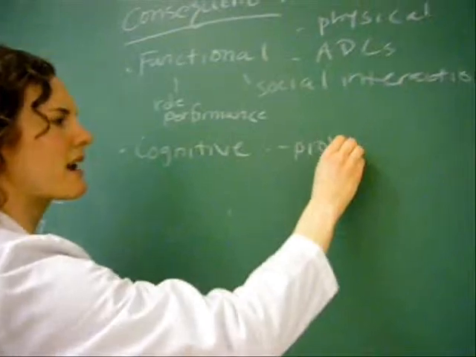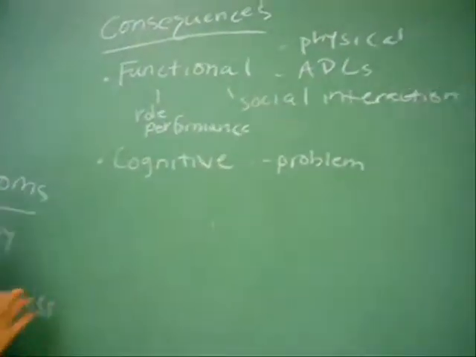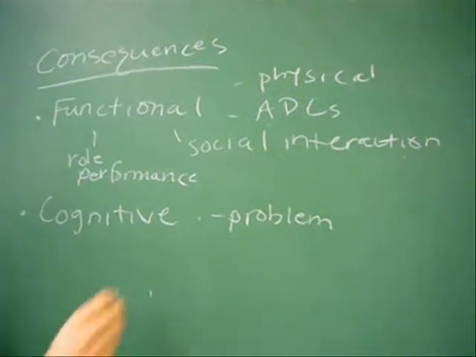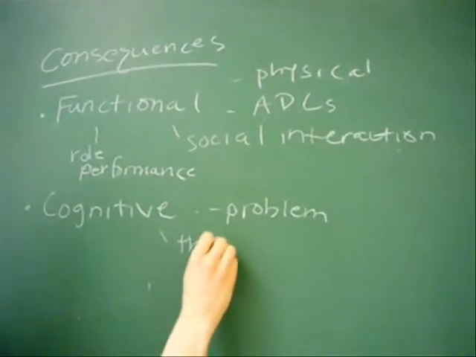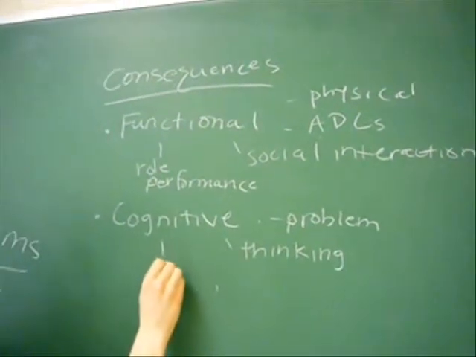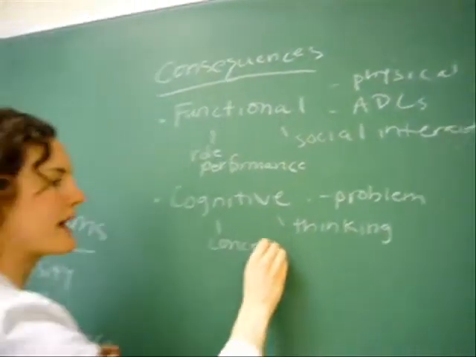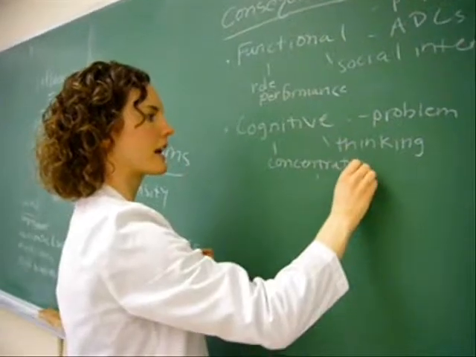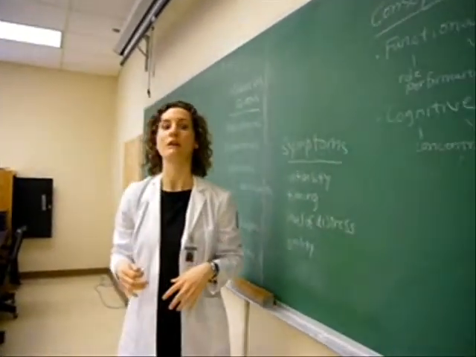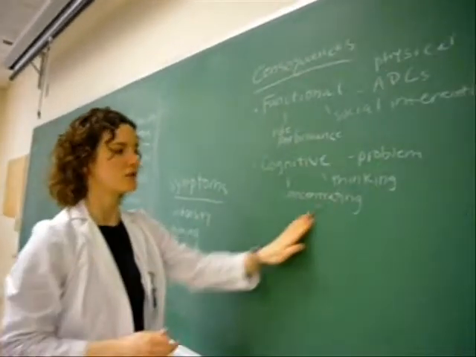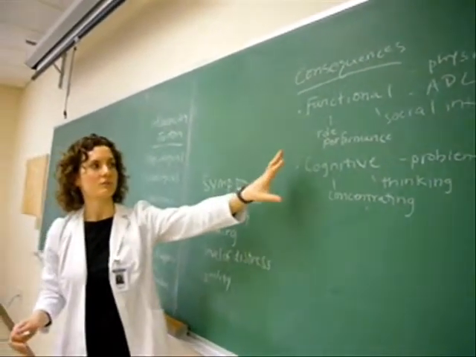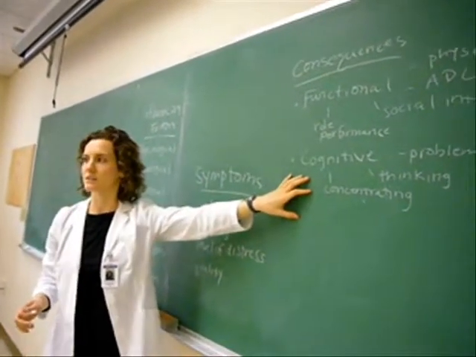So this is going to be ways that the symptoms are negatively affecting someone's cognitive status. Maybe how well they're thinking, how clearly they're thinking, and also concentrating. Have any of you ever been in pain and it's tough to concentrate? When you have all these things to worry about, you can be really grouchy too. That's how I am. So anyway, these are ways that the symptoms are going to be manifested in the client in this way.